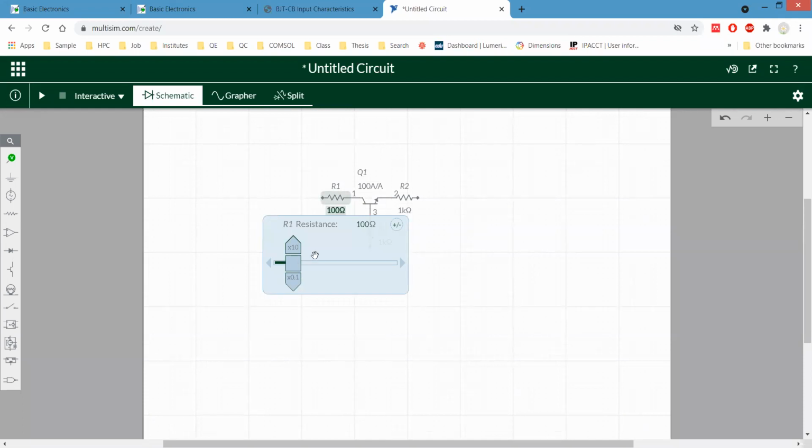So let us consider 355, and this one, let's say, 500 ohms.